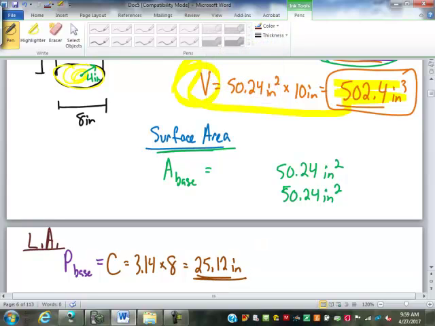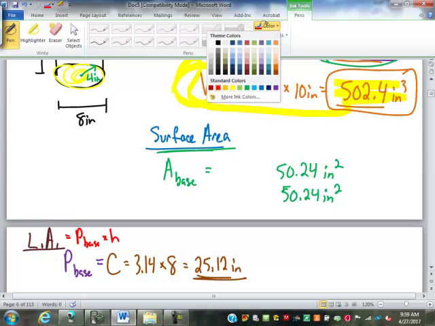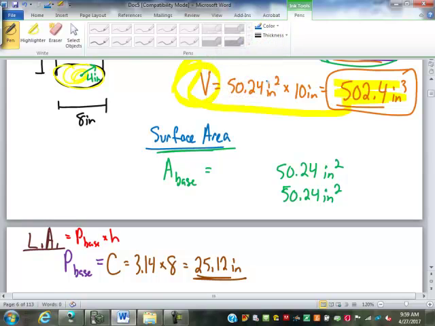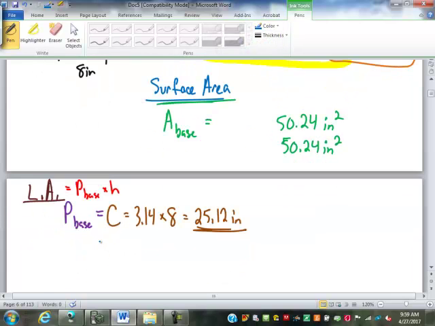So then my lateral surface area is the perimeter of that base times the height. So we're going to do the 25.12 inches times that height of 10 inches is going to give us 251.2 inches squared.